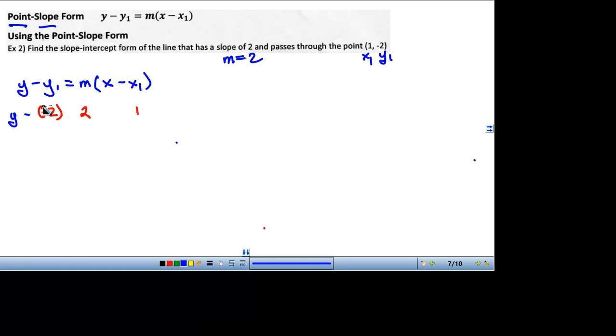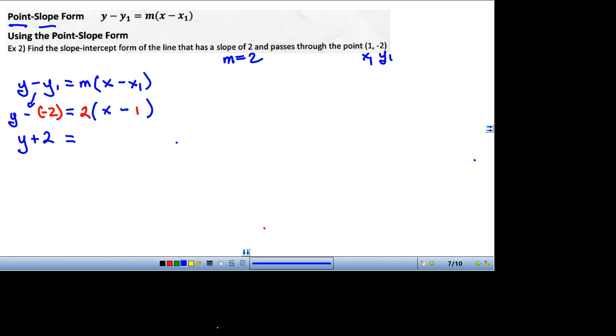I have my y minus y1. y1 is negative 2, so don't forget that minus. And I have x minus positive 1. Oh, and don't forget that equal sign too. Now, minus a minus is a plus, so I have y plus 2.